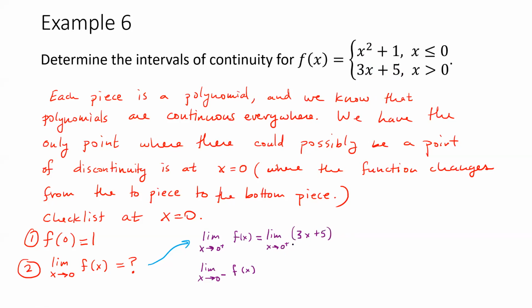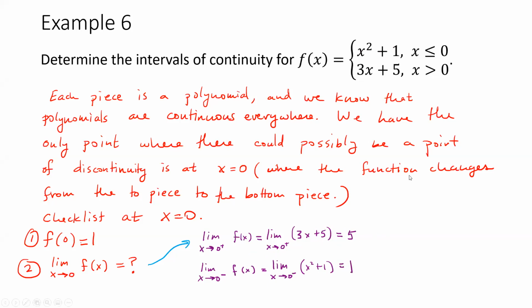And so now evaluating 3x plus 5 at 0, what do we get? 5. 5, good. On the other hand, if we approach from the other side, now I'm going to use the top piece, because that's when x is less than 0. Evaluating this at 0, we get 1.